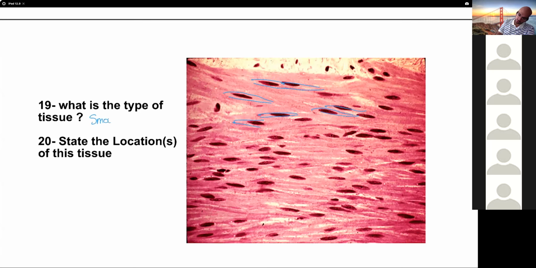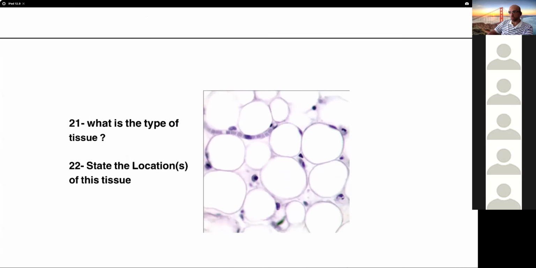It's a smooth muscle tissue. And can you remind me the location for the smooth muscle tissue? Walls of all hollow organs except for the heart.